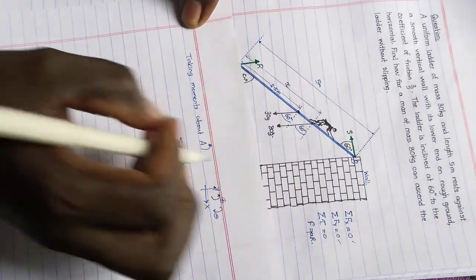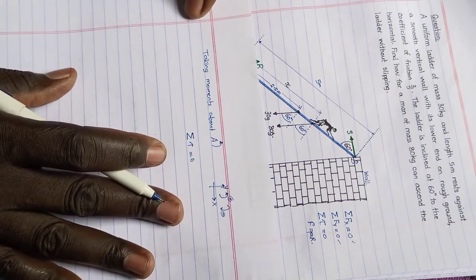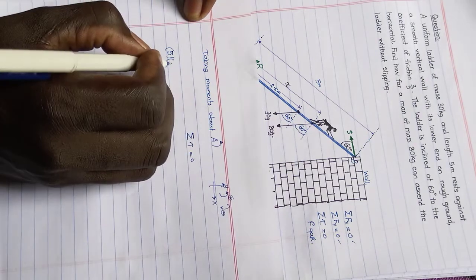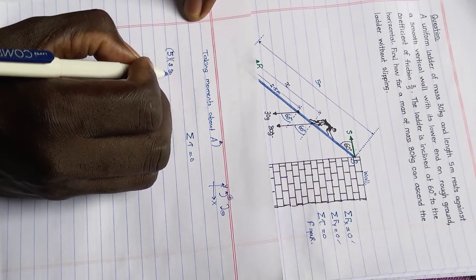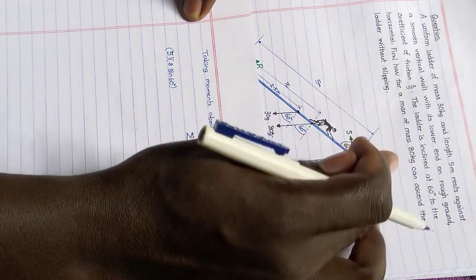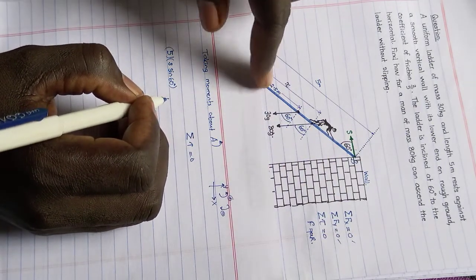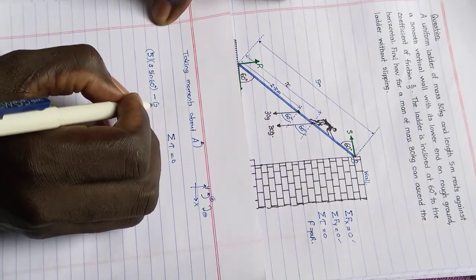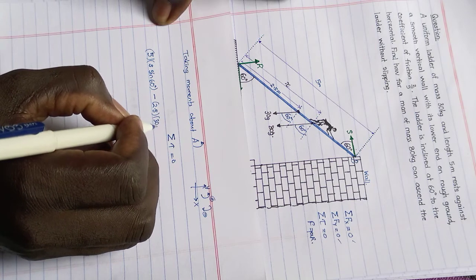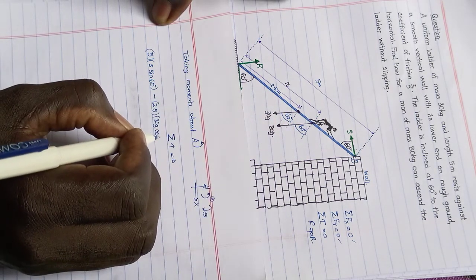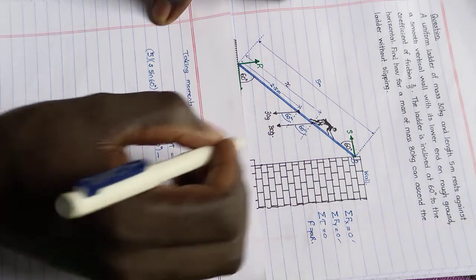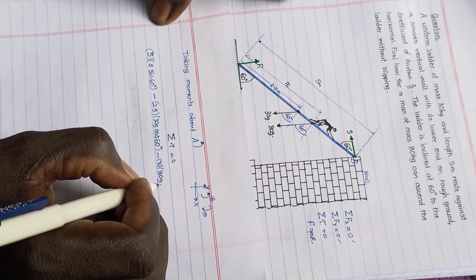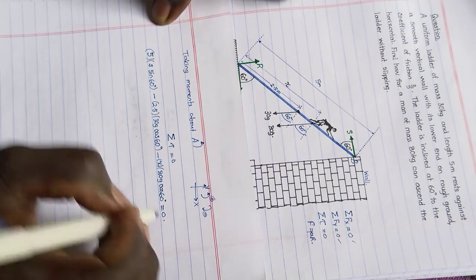We have 5 multiplied by S sine 60 degrees, and that is positive. Then we have a negative because it is clockwise: minus 2.5 multiplied by 30G cos 60 degrees, then minus the distance of this man, which is X, multiplied by 80G cos 60 degrees, must give us 0.